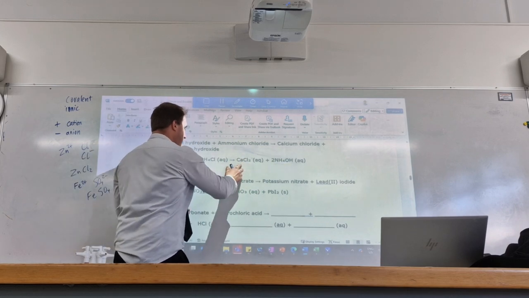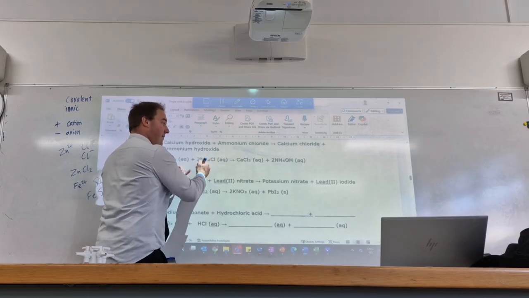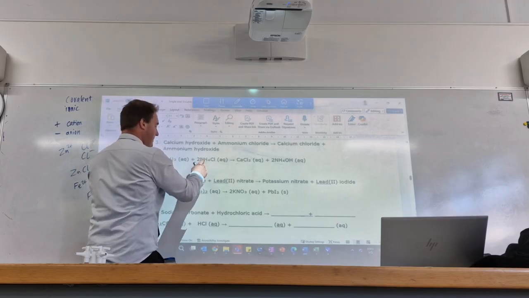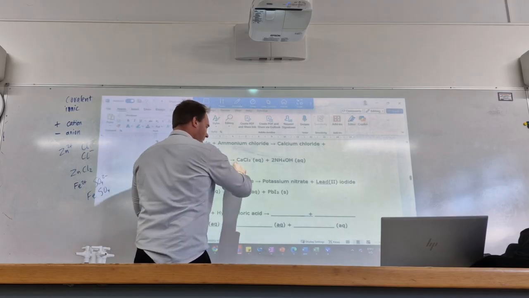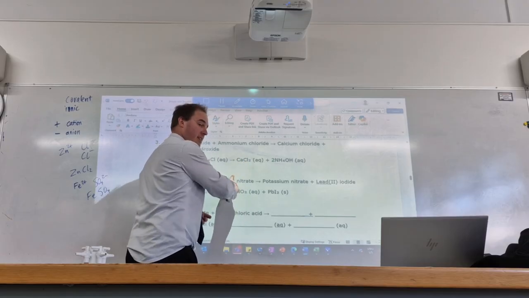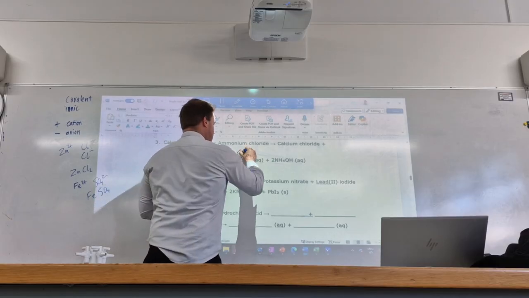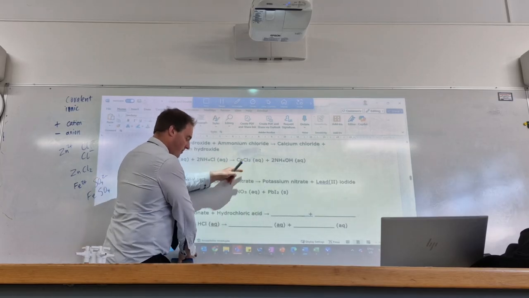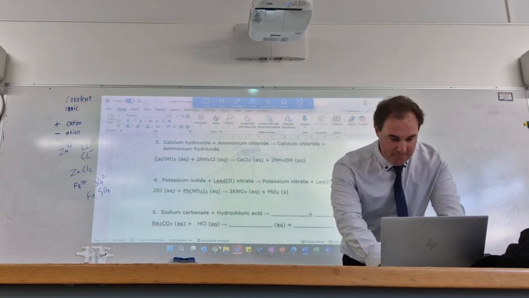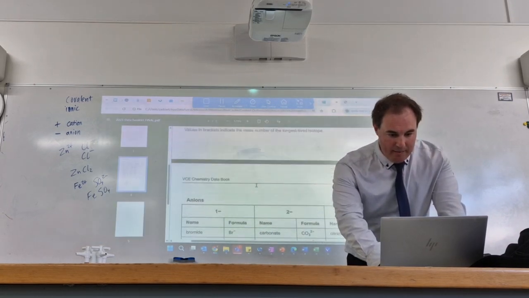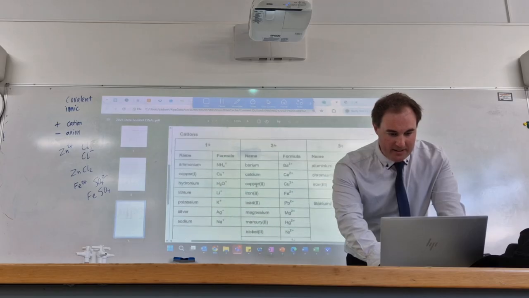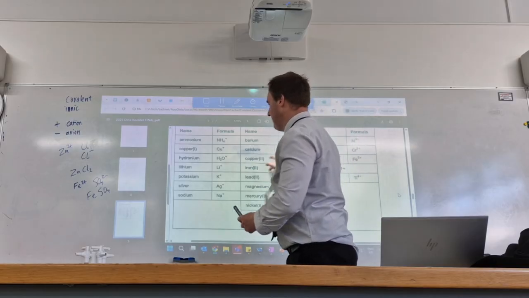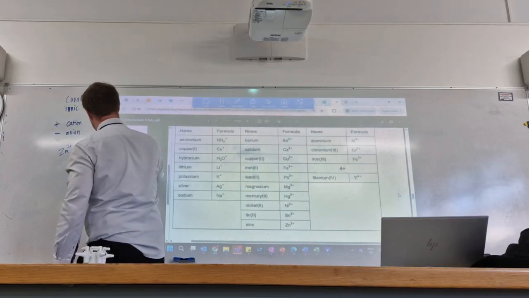Because you might get given the reactants and have to write the products, which you can now do because you know it's just this bonding with this one and this bonding with this one. Okay? But then to get another mark, you need to make sure that you're writing the compound correctly. And you can't just write CaCl like that. How do you know that it's CaCl2? You go back to that table that I showed you, and we look up our cations, because that comes first. So it's calcium, Ca2+.